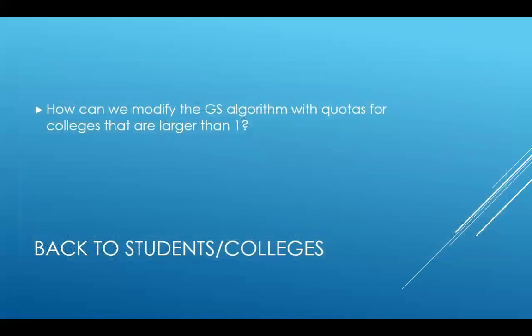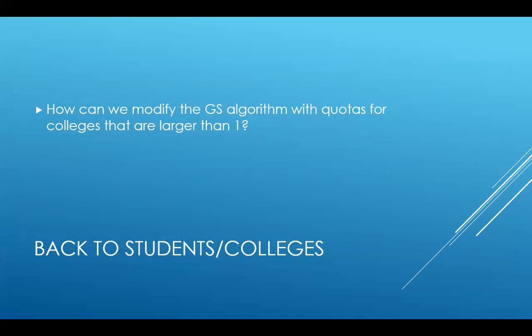Well, how can we modify the Gale-Shapley algorithm with quotas for colleges that are larger than one? Well, it's pretty easy. All you do is you imagine students. Now remember, whoever is doing the proposing is always going to do as good as they possibly can in any stable matching, yes? So it makes sense to give that power to the student and not the college, okay?